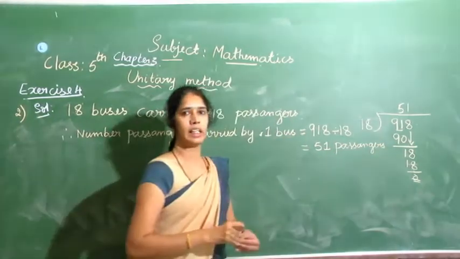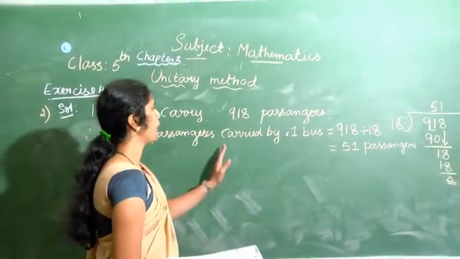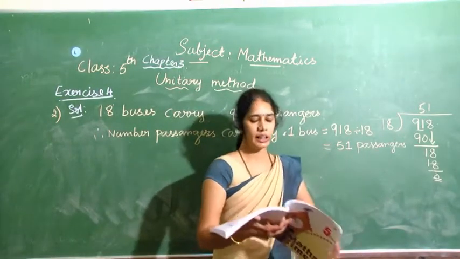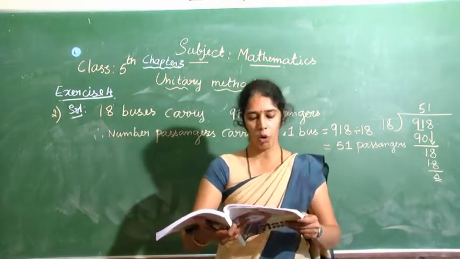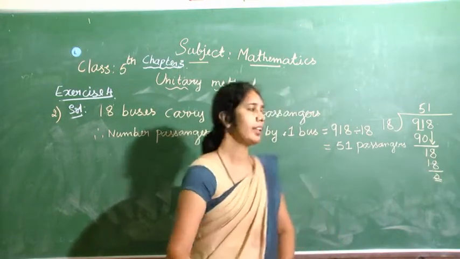Now next we have to find. Okay students, we got the number of passengers carried by one bus equal to 51. Here they asked, how many passengers can 25 buses carry?